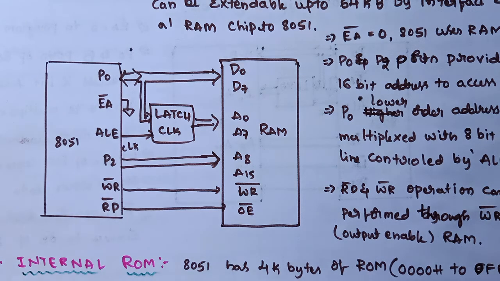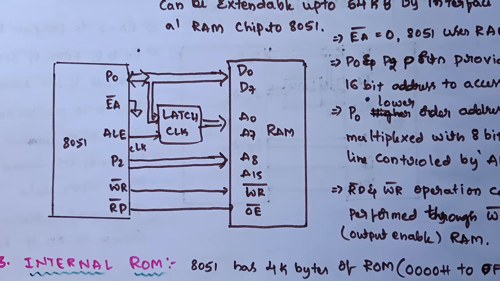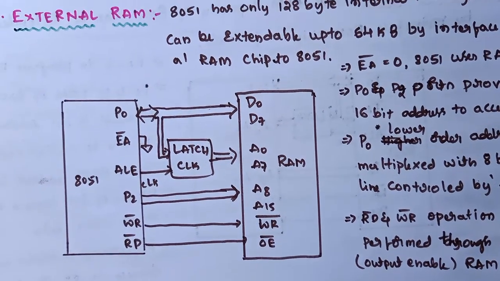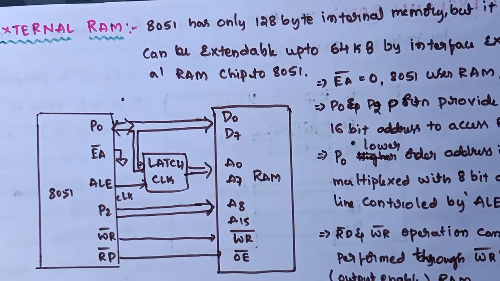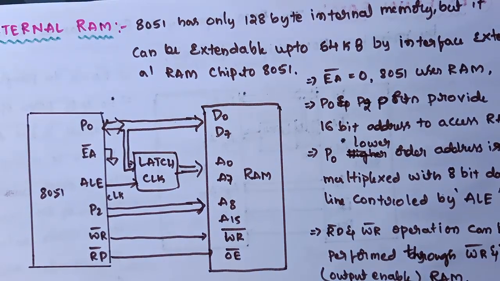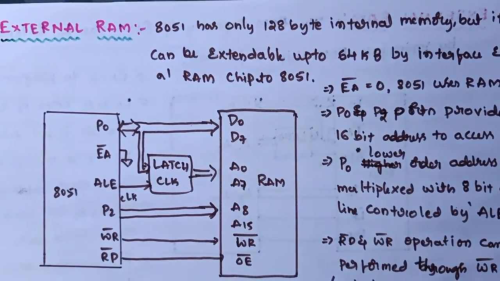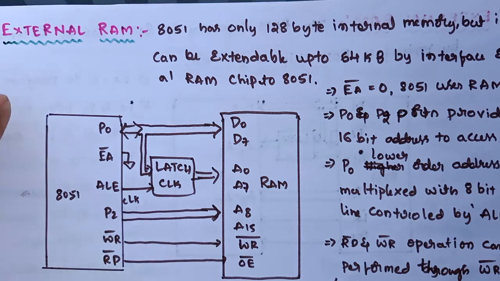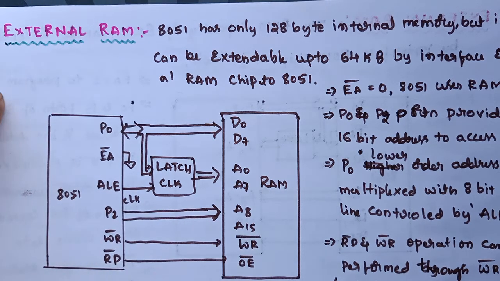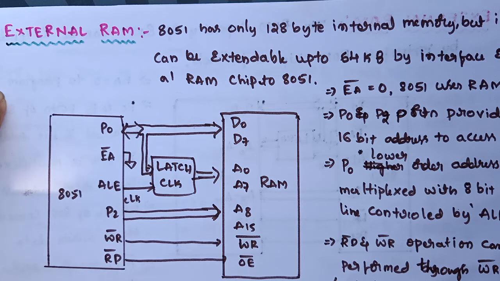Here is an external RAM which is connected to an 8051 microcontroller. 8051 has only 128 bytes of internal memory, but it can be extended up to 64 kilobytes by interfacing an external RAM chip to 8051.